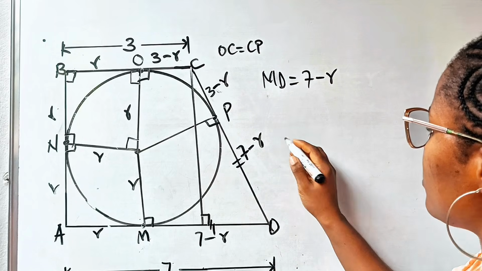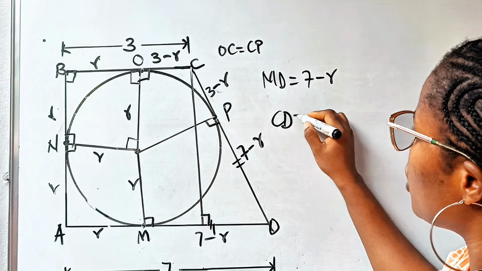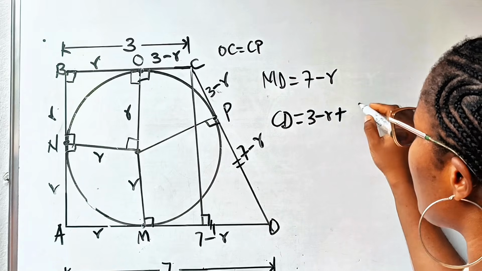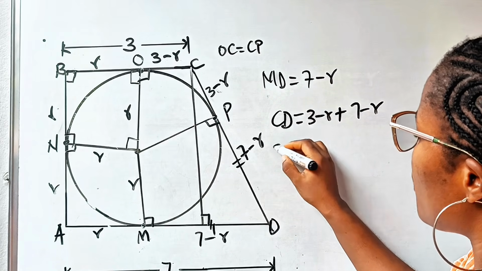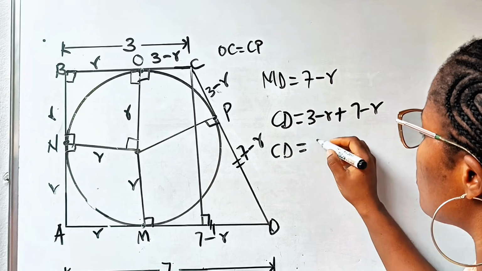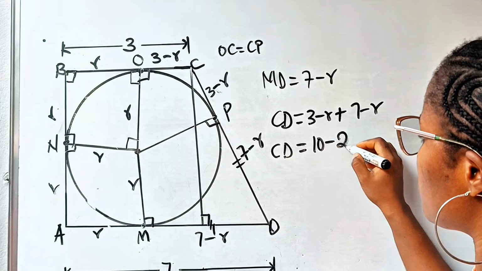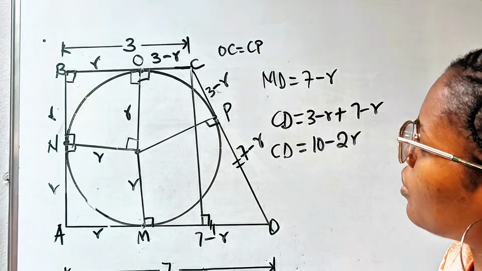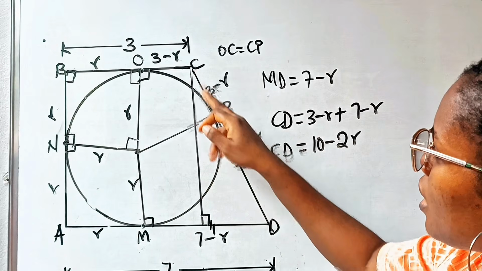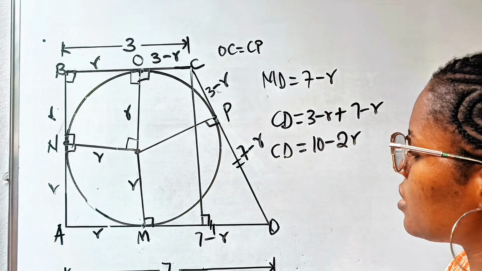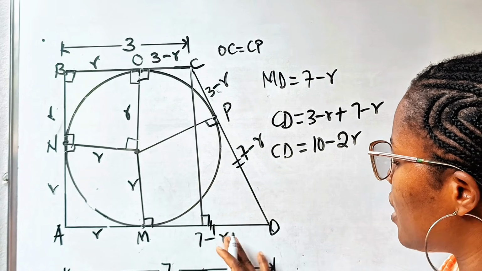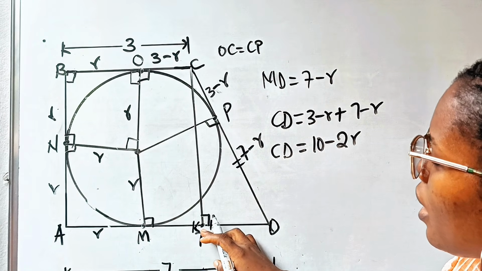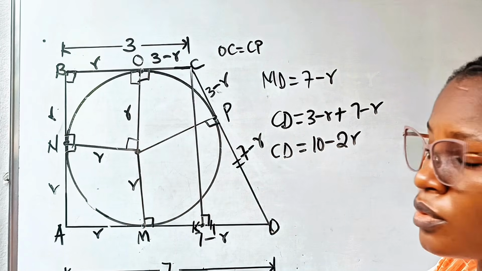That means CD should be equal to 3 minus R plus 7 minus R. So we have CD to be equal to 10 minus 2R. Alright. Now, from C to this point, let's call it K, point K. Now from C to K is the diameter of this circle.